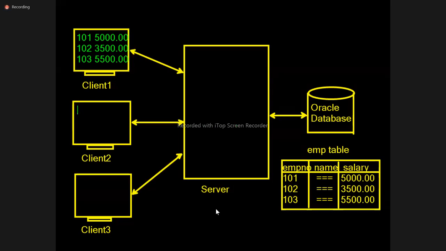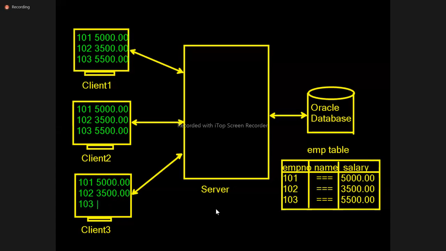Otherwise, select employee number, salary from employee: 101, 5,000, 102, 3,500, 103, 5,500. Here also, same. Here also 101, 5,000, 102, 3,500, 103, 5,500.